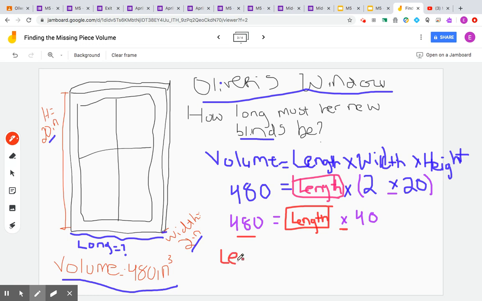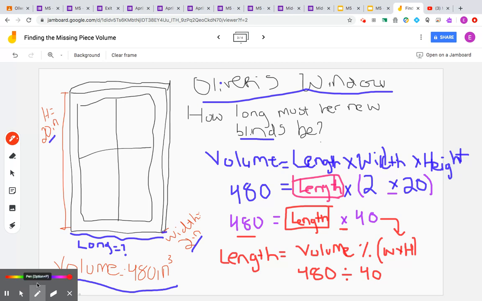So my length is going to be the volume divided by my width times my height. We already solved that here. So in this problem, we're going to do 480 divided by 40.